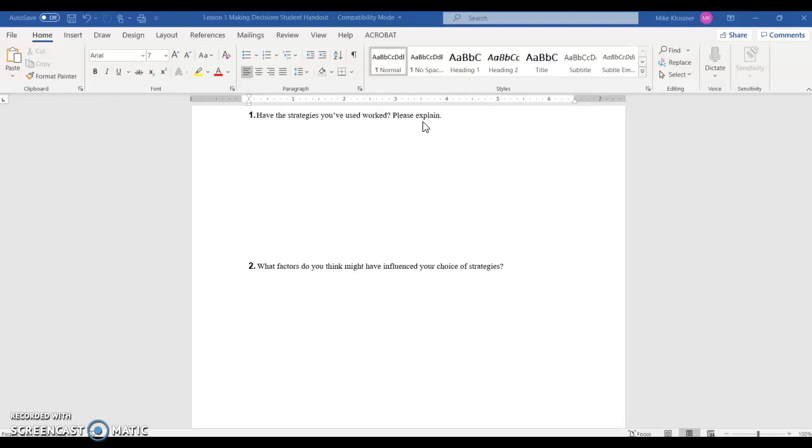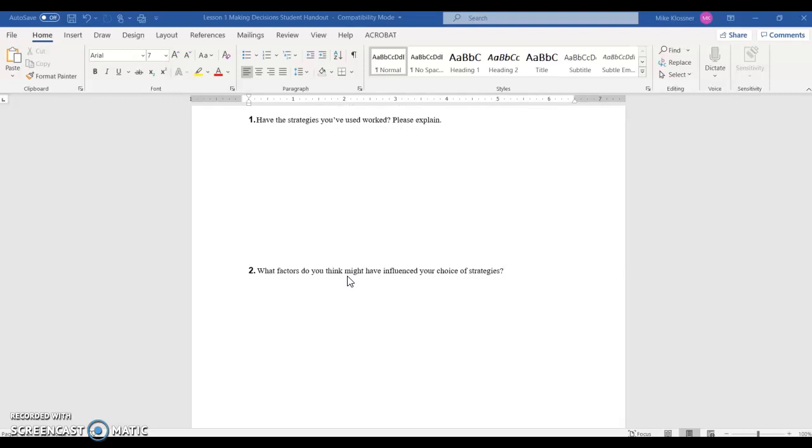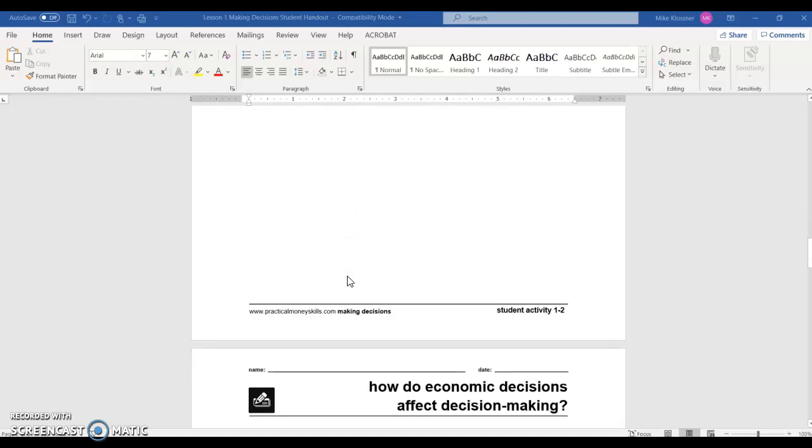Maybe you used the strategy of procrastination, for example. So explain how that played out, and then what factors do you think influenced your choice of spontaneity, or procrastination, or whichever strategy that you identified in number one. Okay, so that's this page.